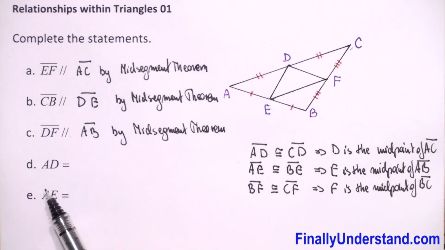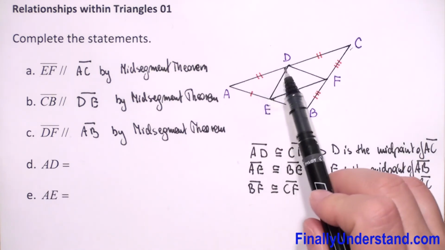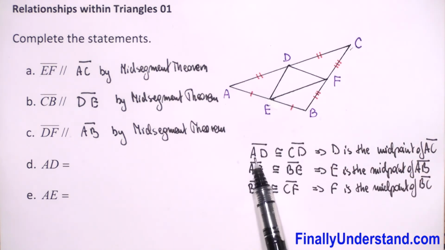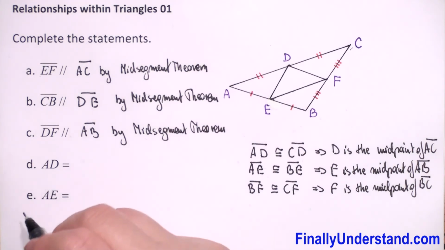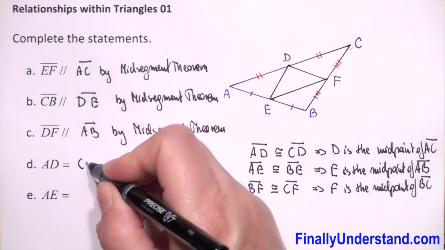So next question, we have to find AD. AD is this segment. What can we say about AD? We have given that AD segment is congruent to CD segment. So we can write that AD is equal to CD.